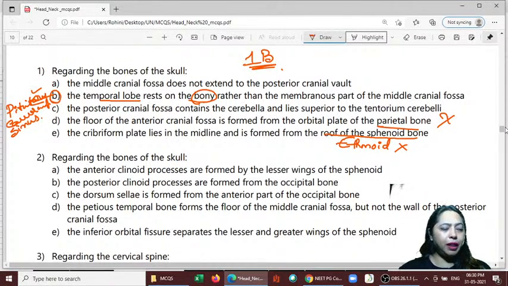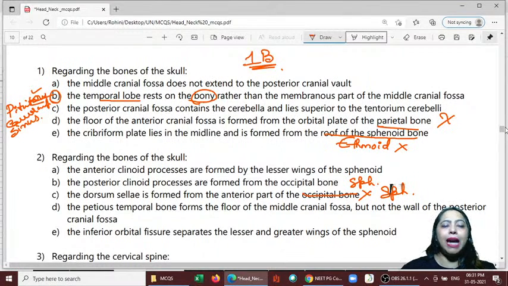Then dorsum sellae is formed from the anterior part of the occipital. This is wrong. Dorsum sellae is formed by the sphenoid. Posterior clinoid process is again formed by the sphenoid. The anterior clinoid processes are formed by the lesser wings of the sphenoid.